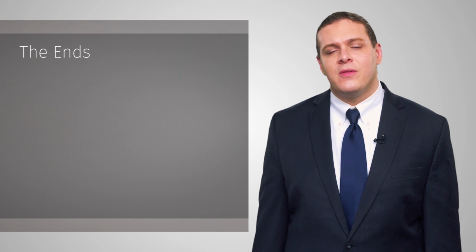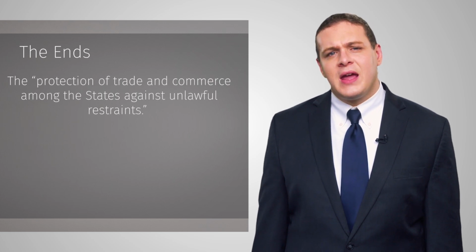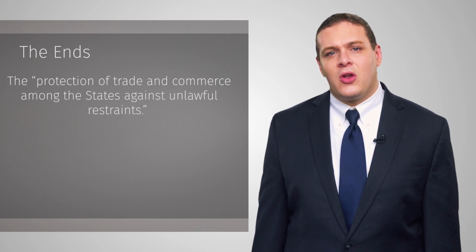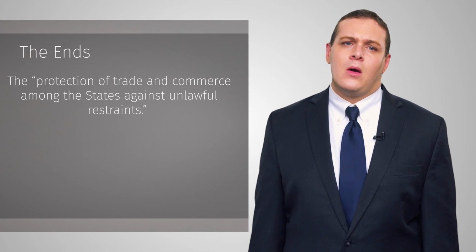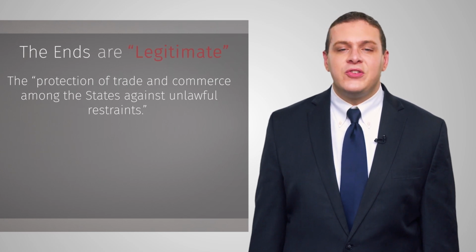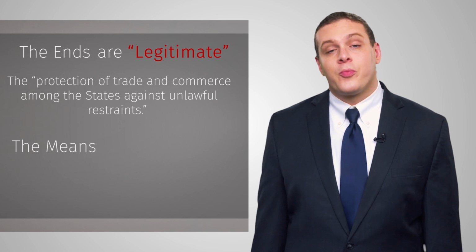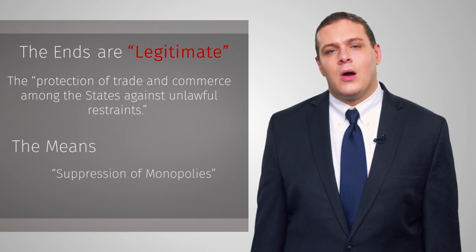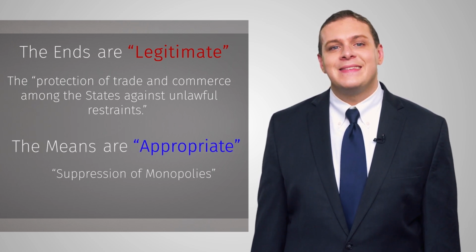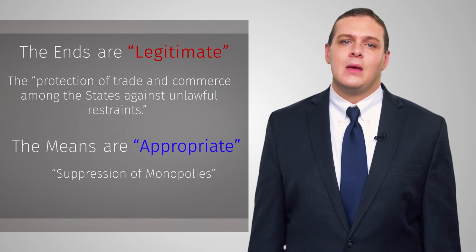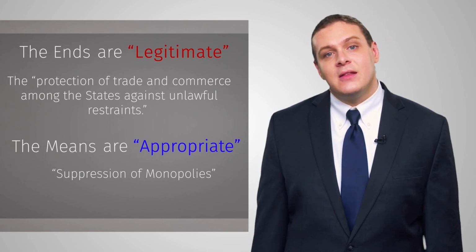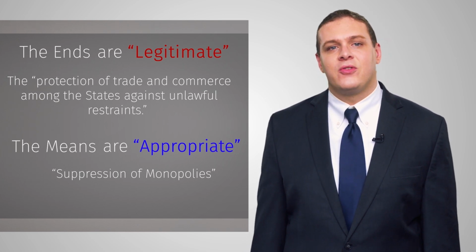What are the ends or goals the government is trying to achieve? The protection of trade and commerce among the states against unlawful restraint. Harlan concludes the ends are legitimate. What means did the government choose? Suppression of monopolies. Are those means appropriate? Harlan says yes. Because the means fit the ends, the Sherman Act is constitutional.